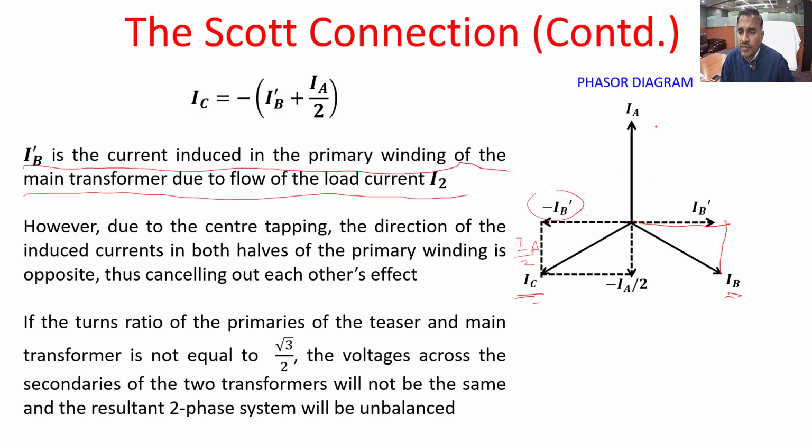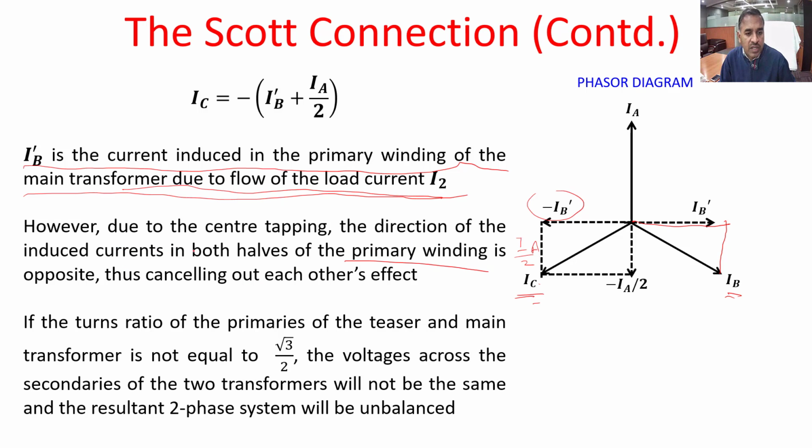So the balanced three-phase currents IA, IB and IC will flow through the terminals of the three-phase system. But internally what will happen? The current IB dash will be induced in the primary winding of the main transformer, due to the flow of load current I2.